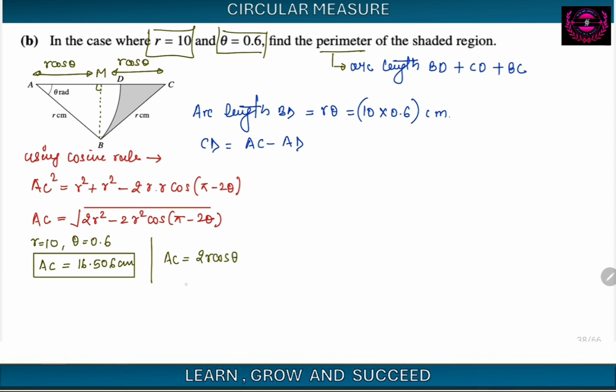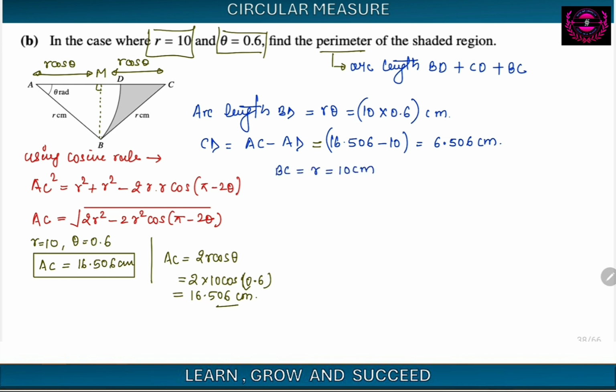AC equals to 2R cos theta, and substituting value of R and theta, you can find value of AC, 16.506 centimeter. So here I have 16.506 minus AD. So AD is radius only, 10, equals to 6.506 centimeters. Now BC. BC equals to R equals to 10 centimeters.